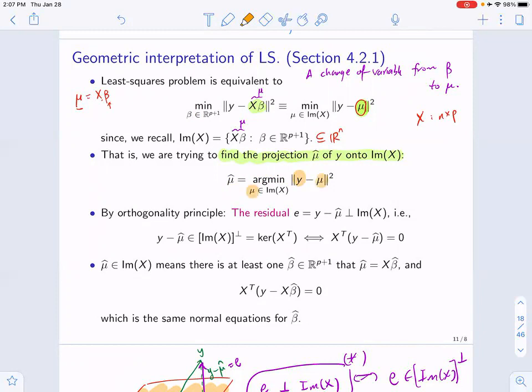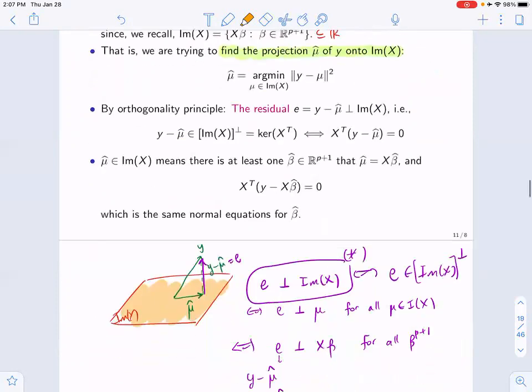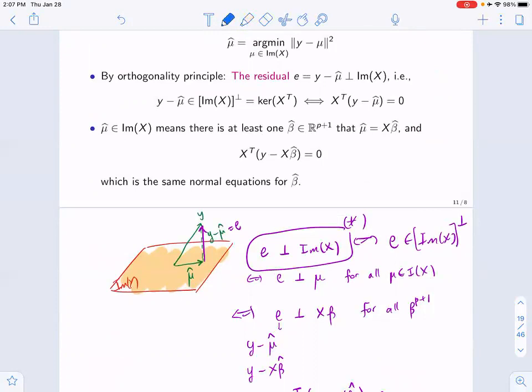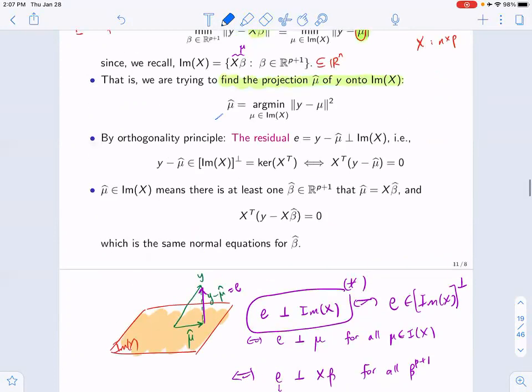And this is a projection problem. The solution mu hat would be the projection of y onto the image. So if this is y, we project it onto the image, and then we get mu hat. So mu hat is the solution of this problem.